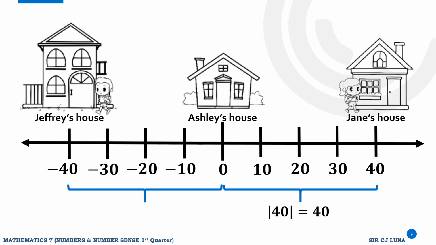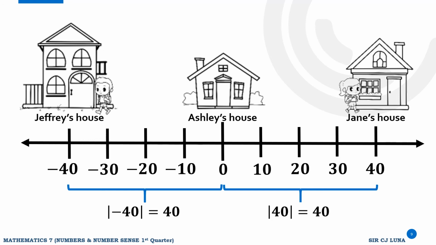Ibig sabihin, yung kanyang nilakbay ay negative 40 ang representation, kasi papunta sa west. Pero, ano ang absolute value ng negative 40? Tama na naman kayo. Yun ay positive 40. Ibig sabihin, ang distansya na nilakbay ni Jane ay 40 at si Jeffrey naman ay 40 din.